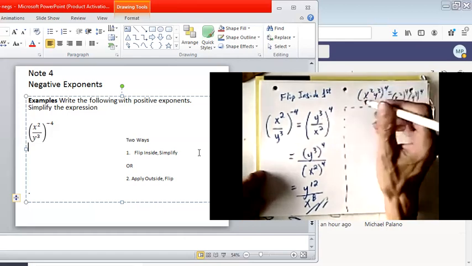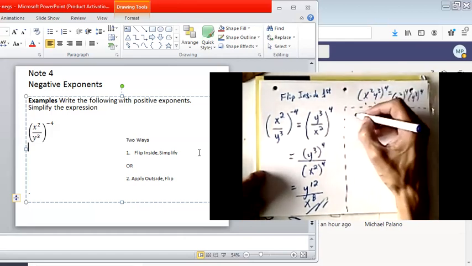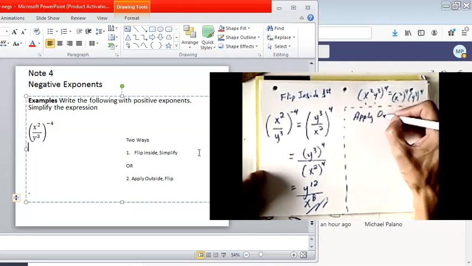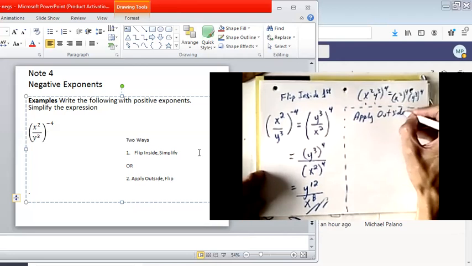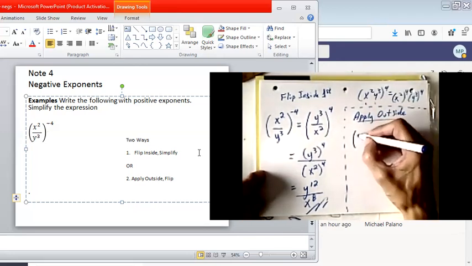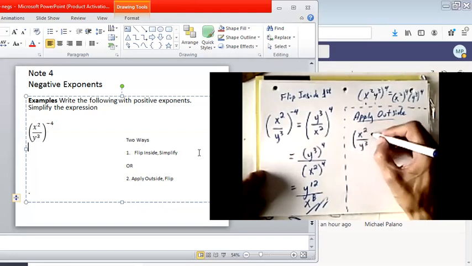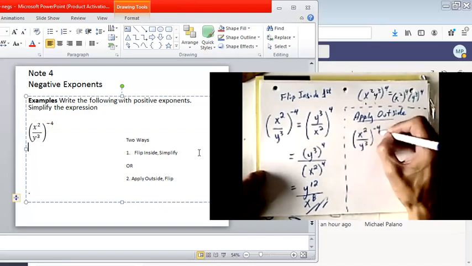So this other method is to apply the outside first. And so this is the question to start with. It's a -4.